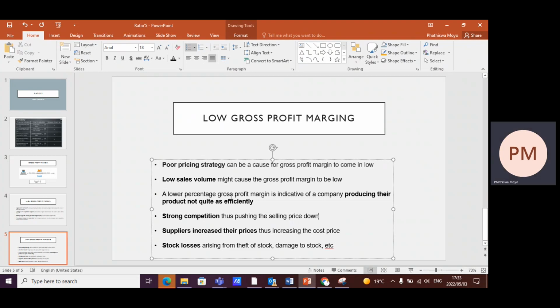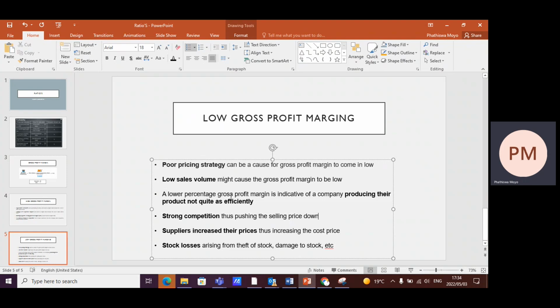Suppliers increasing their prices. That's the company not negotiating, waiting for the supplier to increase the prices, because it's the economic cycle, guys. Someone is going to try and make a profit out of someone. That's why companies need a strategy to circumvent or counteract any of such. Okay, then stock losses arising from theft, damage of stock, shrinkage, and obsolescence.